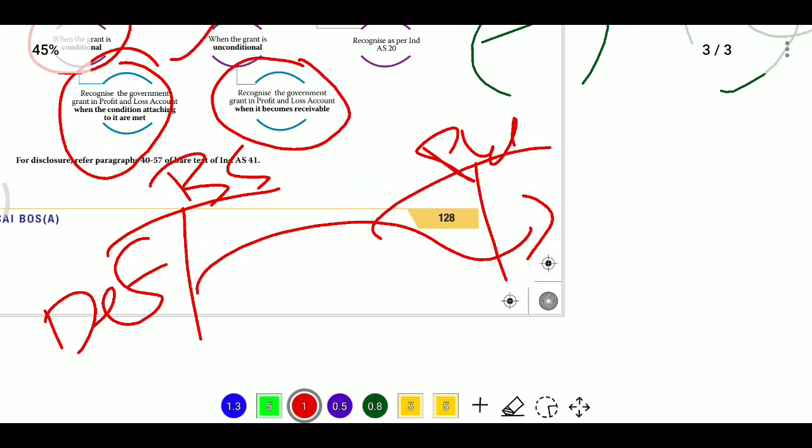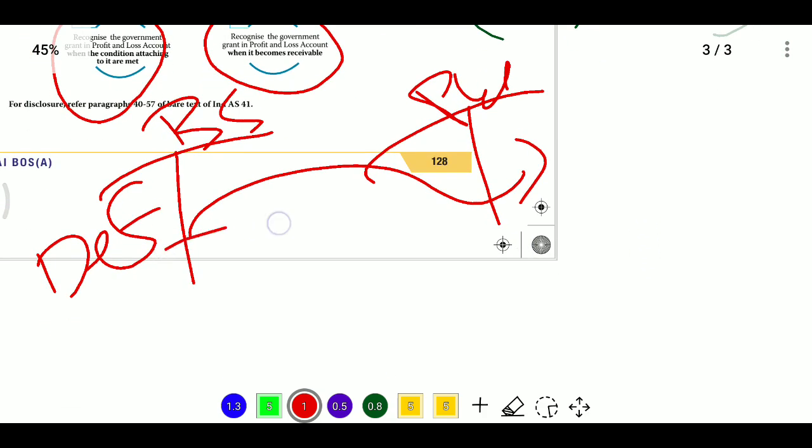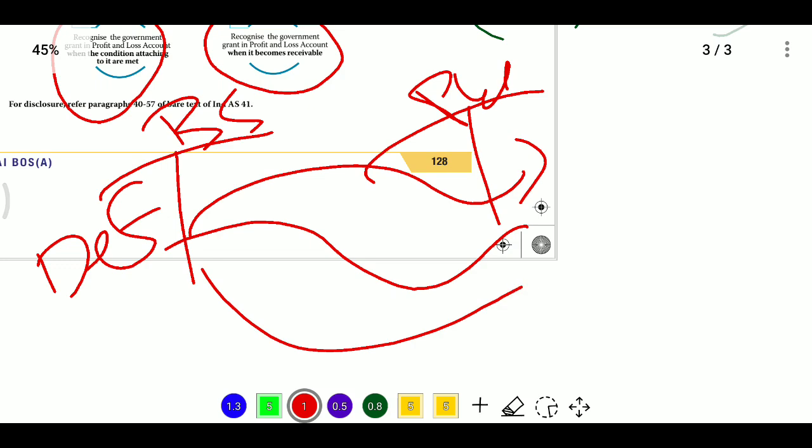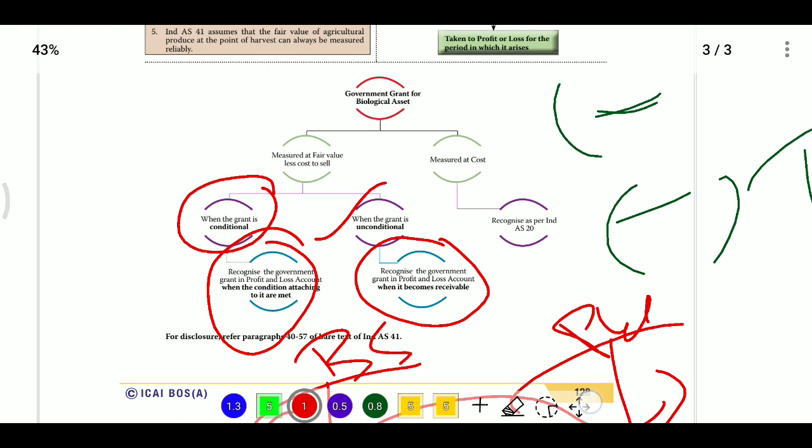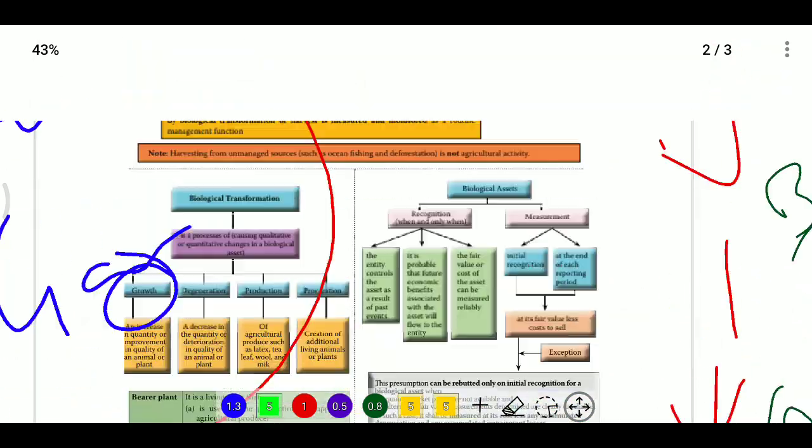If it is partially refundable, according to the time lapse, in case of failure to meet the conditions, recognize the grant as deferred income in the balance sheet and transfer it to the profit and loss account over a period of time. So first year some amount, second year some amount, third year some amount, you need to transfer. This relates to government grants for biological assets.